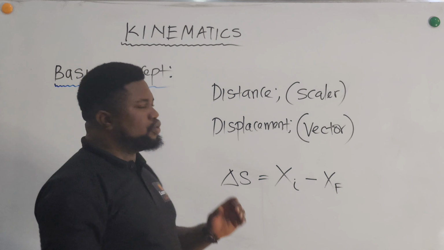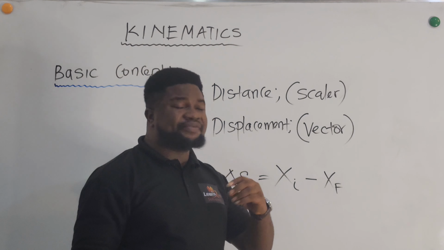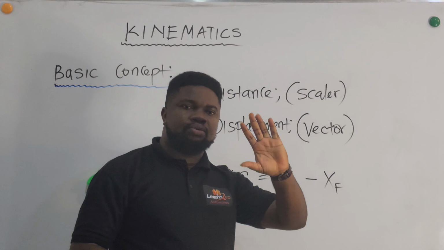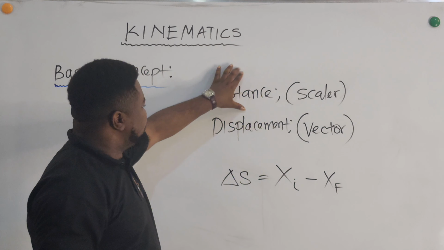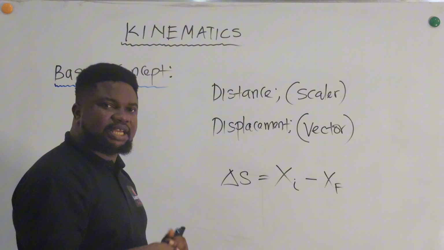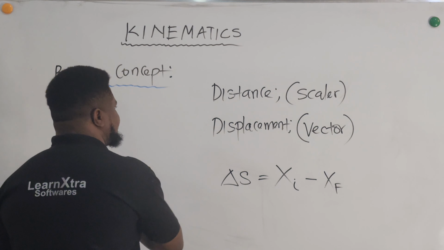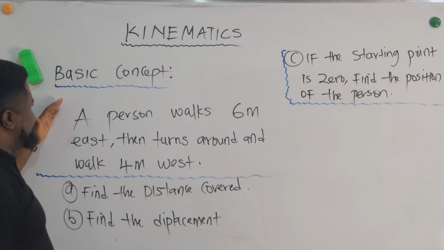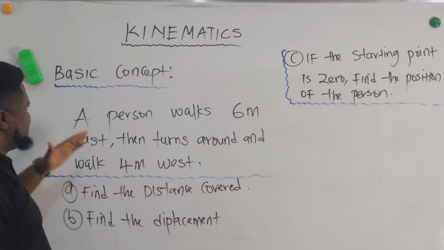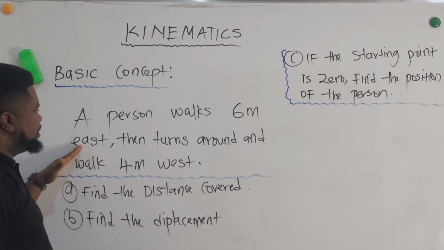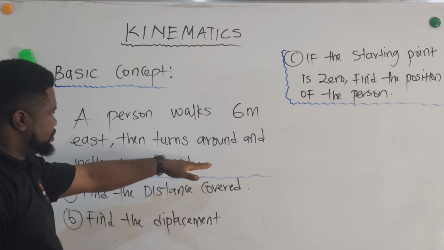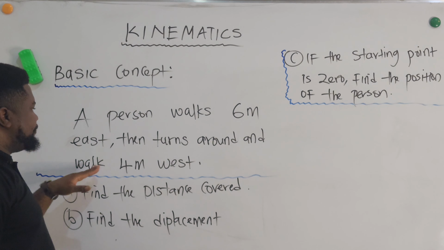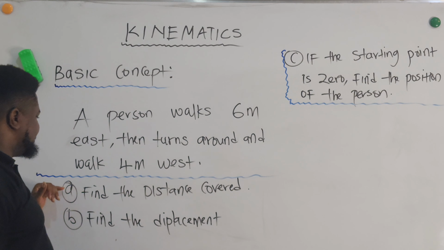Let me give you a clear example. Let me give you a question that will help elaborate these three concepts for you. Quickly, let's take the question down. So the question is this. A person walks 6 meters east, then turns around and walks 4 meters west.